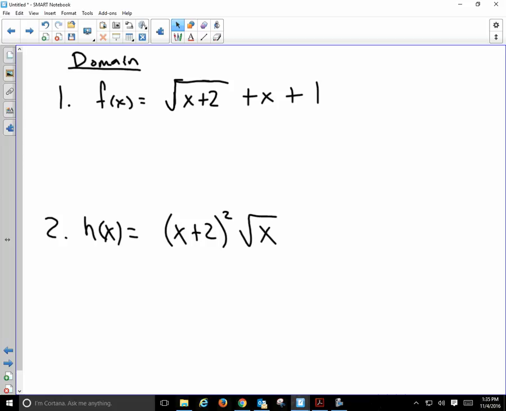Please add in these 2 examples on the back. We've just got 3 short examples left to do, and then we'll be done.